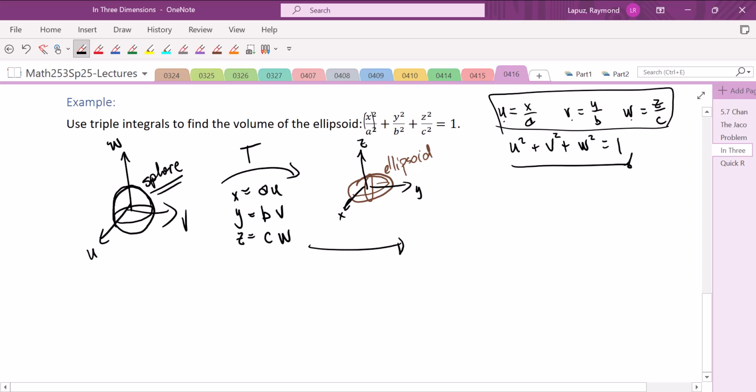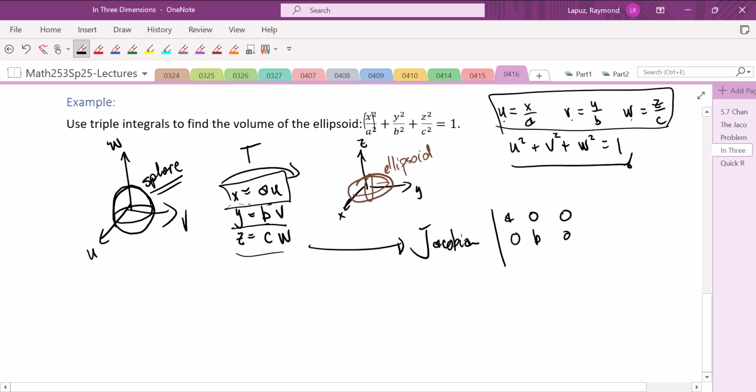So the Jacobian for this is going to be the derivative of x with respect to u, the derivative of x with respect to v, and the derivative of x with respect to w. And then in the second row, it's the derivative of y with respect to u, v, and w.